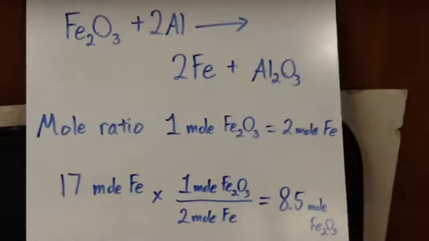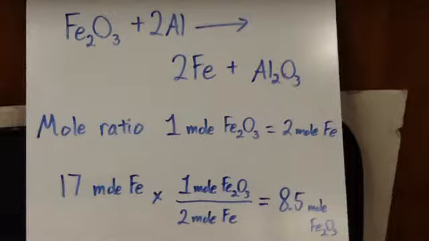We are multiplying the given amount of iron, which is 17 moles, by the mole ratio. Now, the mole ratio is 1 mole of iron(III) oxide is equal to 2 moles of iron. So it's important that we put what is given on the bottom in the mole ratio.